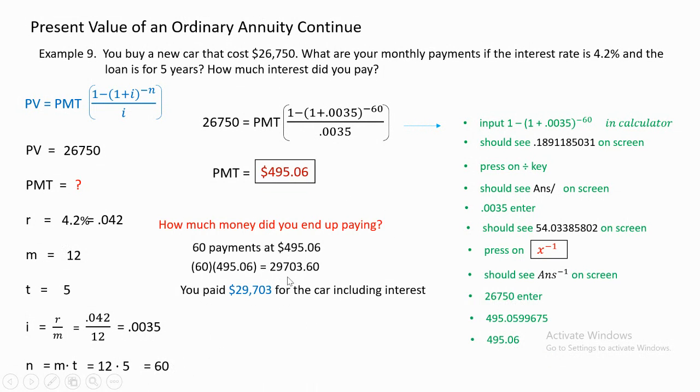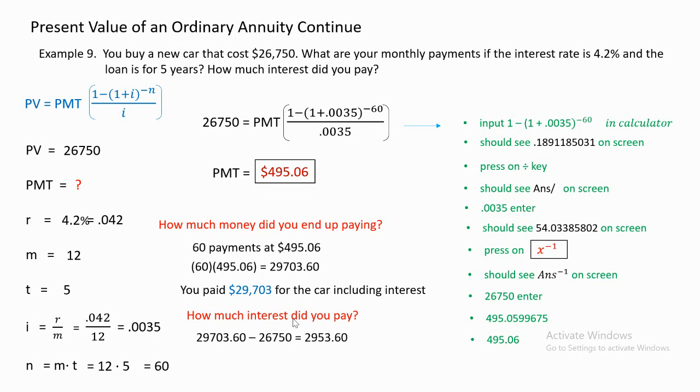So we got $29,703.60. So how much money did you pay extra in interest? It's going to be 29,703 minus 26,750, which was how much the car was worth. So you end up paying about $3,000 extra for those 5 years.